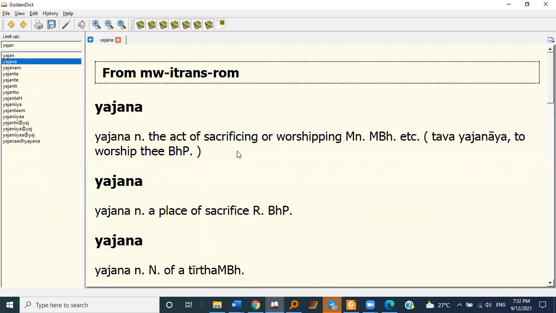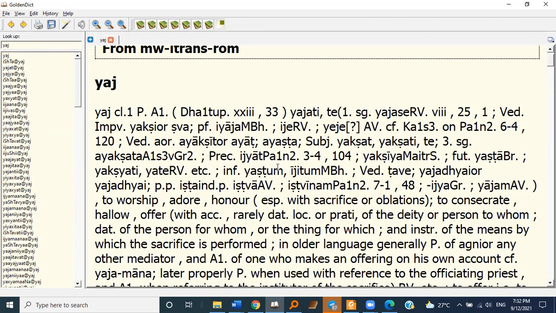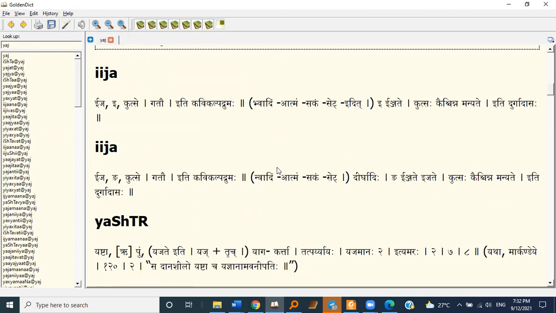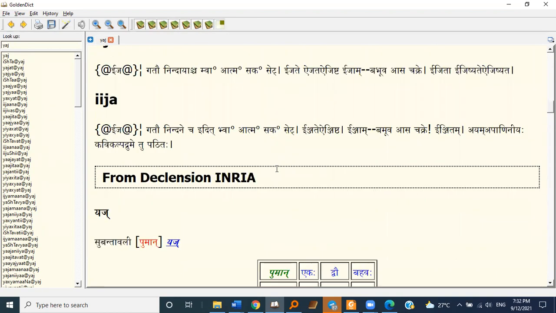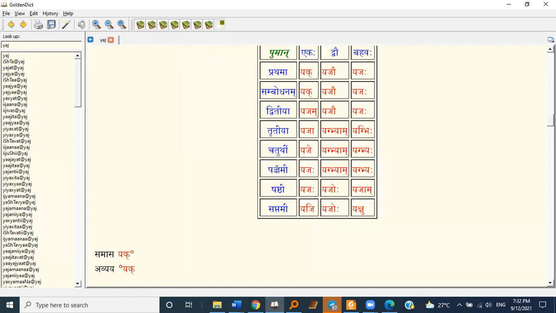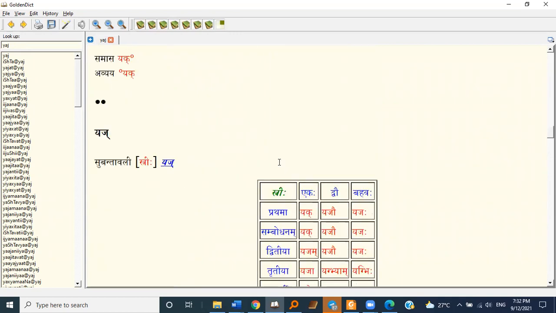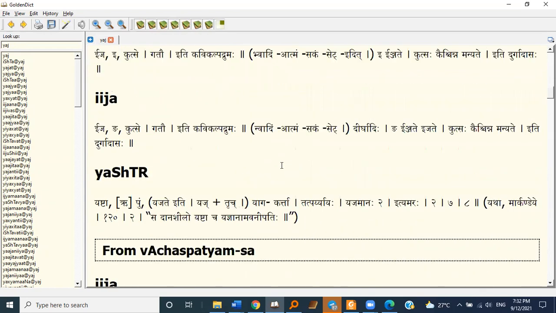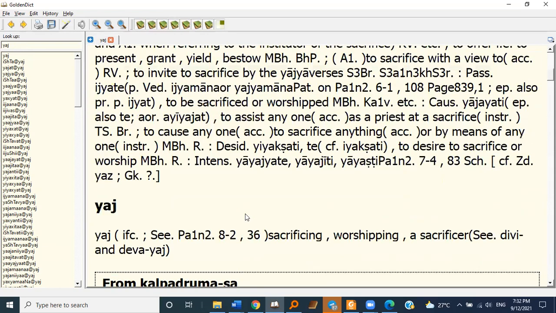Of course, the dhatu is Yaj dhatu, Yaj. So we'll have to see the declension of Yajna. Okay, so you can see.